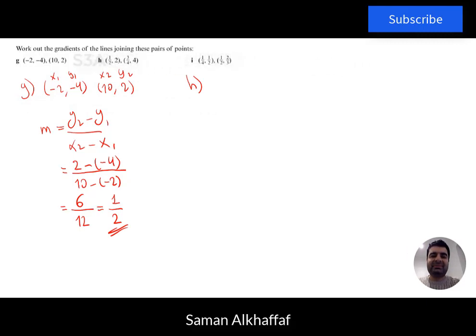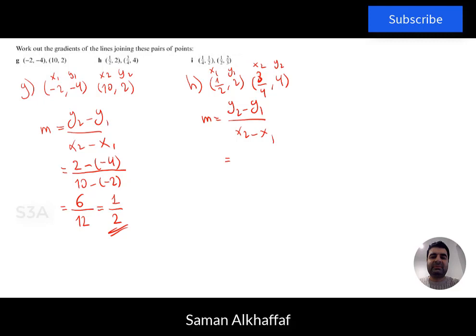So we have the 2 points half and 2, which represents x1, y1. The second point, which is 3 quarters and 4, represents x2, y2. So the gradient will be y2 minus y1 over x2 minus x1.